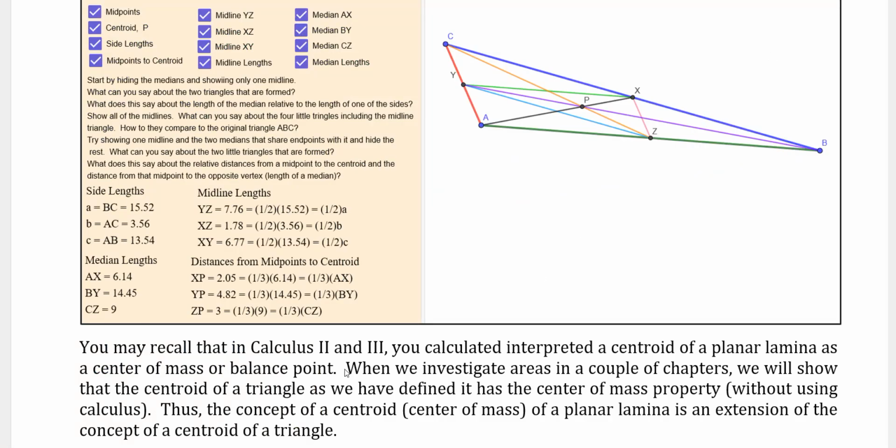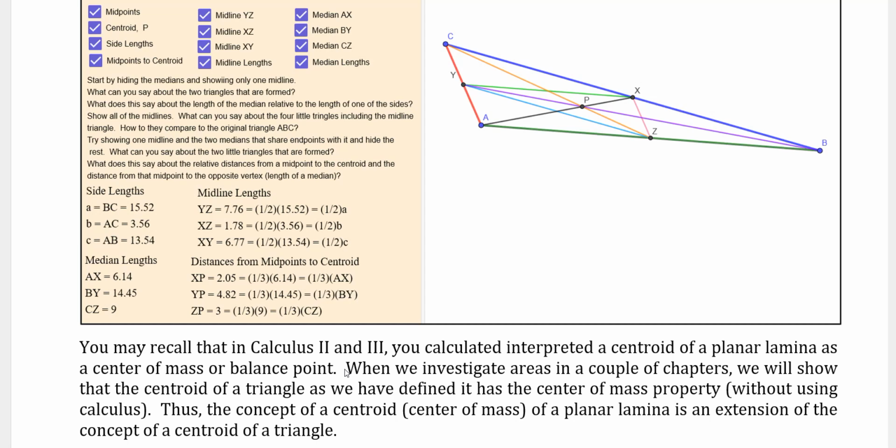Now, for those of you who have studied some calculus, you may recall in calculus 2 and 3 that you calculated and interpreted a centroid of a planar lamina as a center of mass or a balance point.